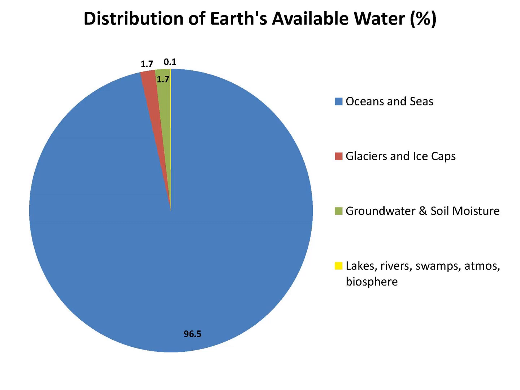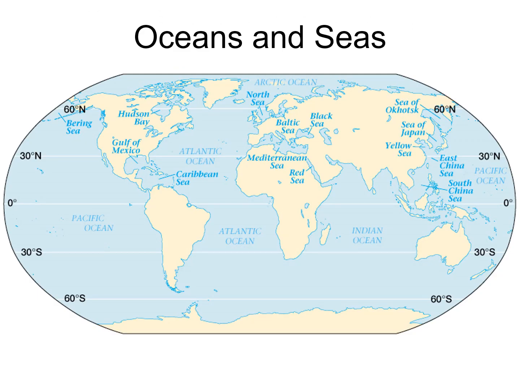We talked about soil moisture and groundwater before. Well, all that moisture below the ground represents another 1.7%. And that leaves only 0.1% for all the moisture in all the lakes, rivers, swamps, atmosphere, biosphere, etc. So that's very little of the water available to us.